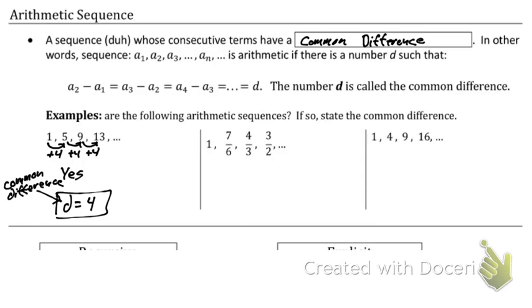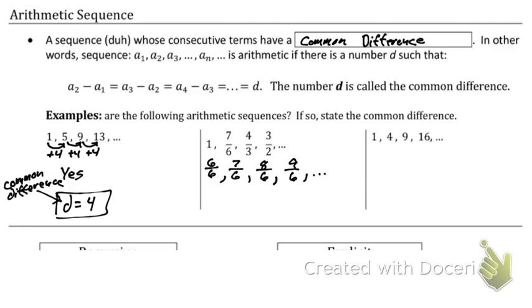A common denominator in this case would just be 6. So I'd rewrite 1 as 6 over 6. I'd rewrite 7 over 6 as just 7 over 6. Can't really change that. 4 over 3 would become 8 over 6. And finally, 3 over 2 would become 9 over 6, and so on and so forth. Well, now there is a pattern.